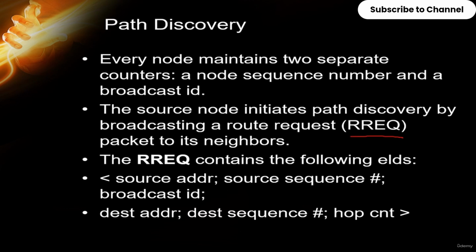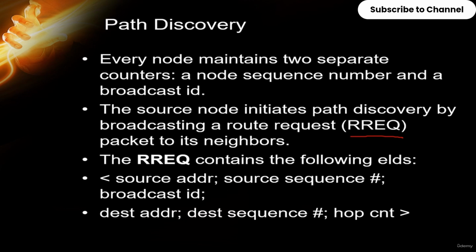The route request packet contains the following information: source address, source sequence number, broadcast ID, destination address, destination sequence number, and hop count. So the pair of source address and broadcast ID uniquely identifies a route request. The broadcast ID is used to determine whenever a source issues a new RREQ.